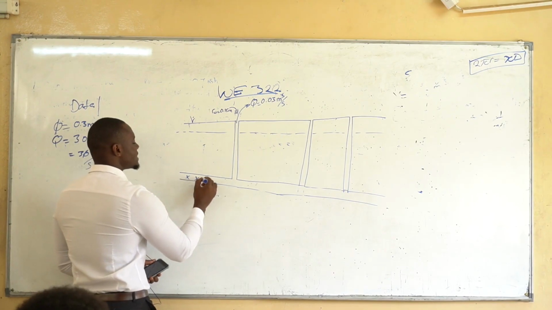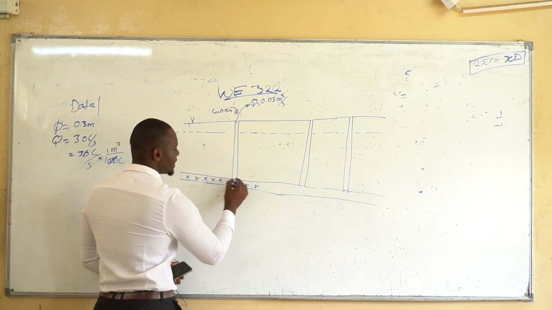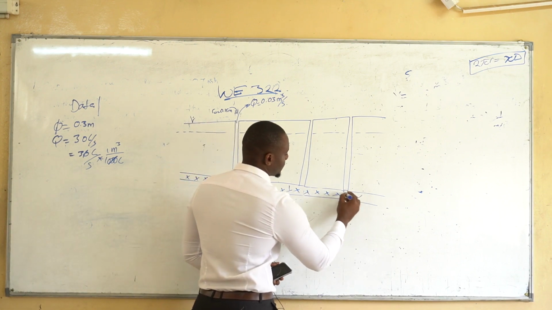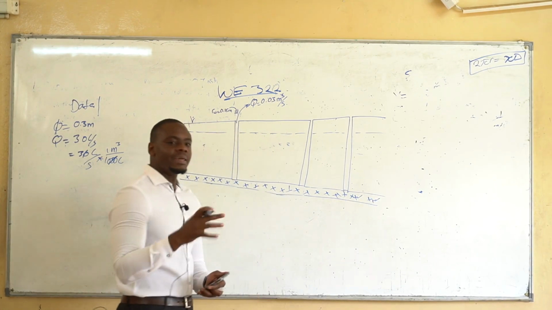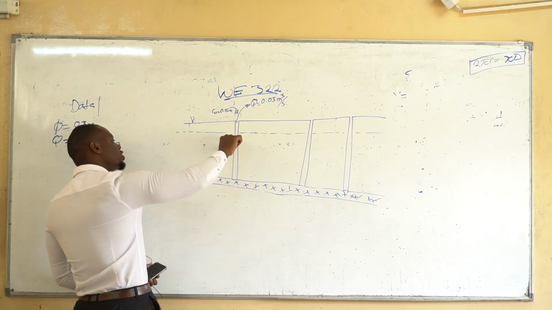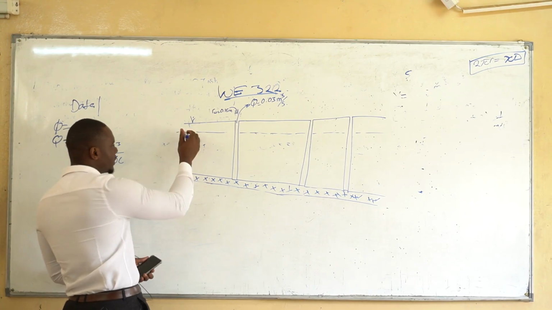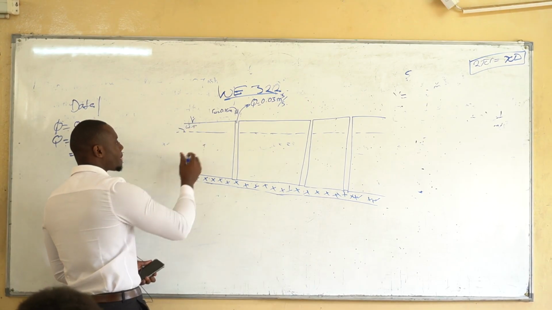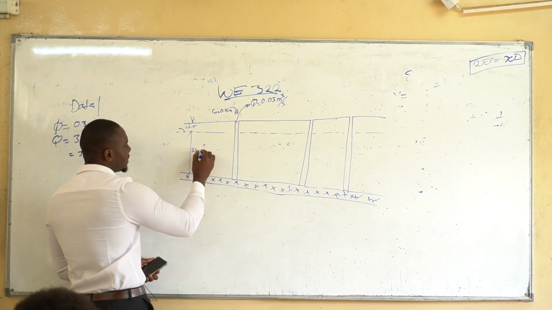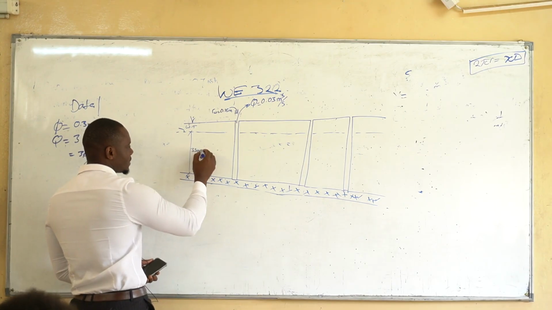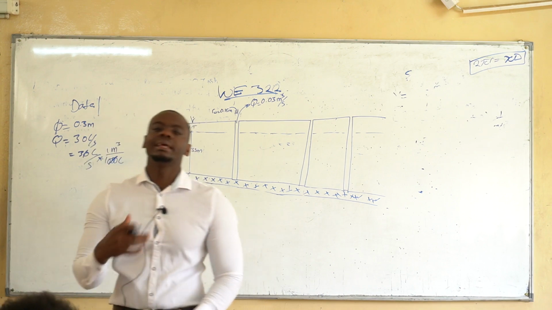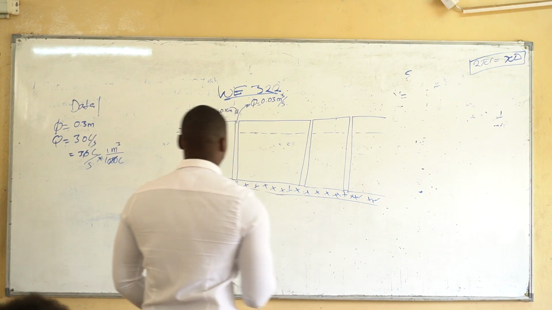So you can safely say this is your aquiclude or your aquitard, and this is where the aquifer ends, okay? So your well penetrates 33 meters below the water table. This is our water table, meaning the whole lot of this space is 33 meters. Are we together? So we're getting information from the question to have a sketch. This really helps us understand what we'll be doing.